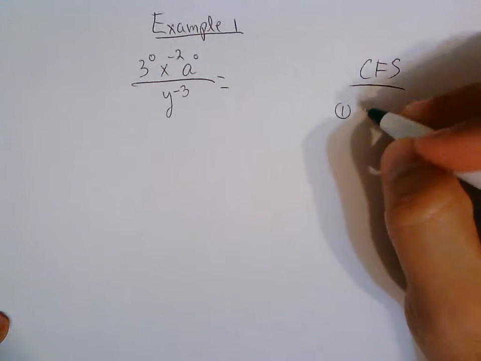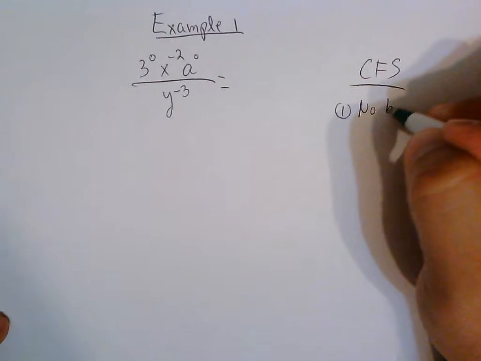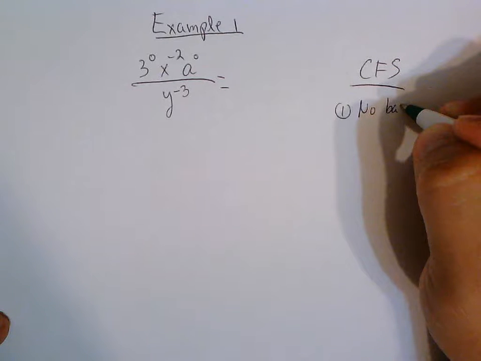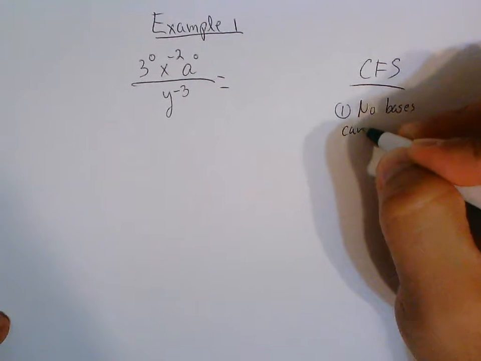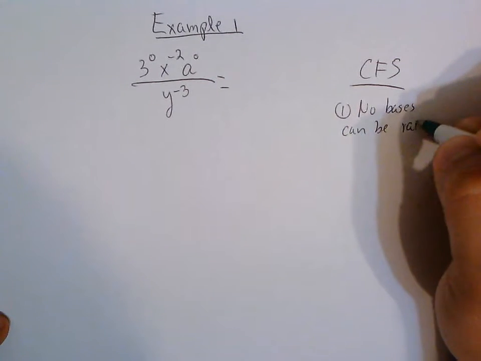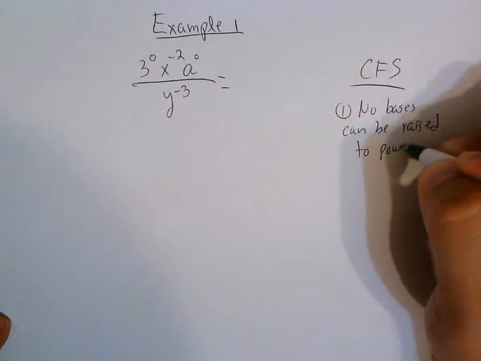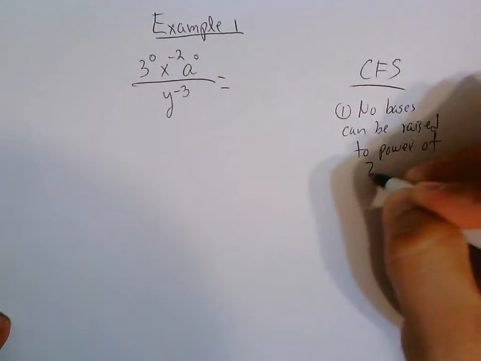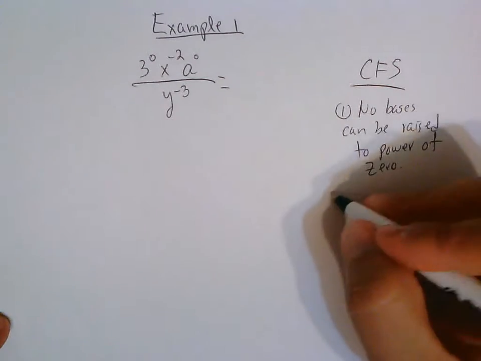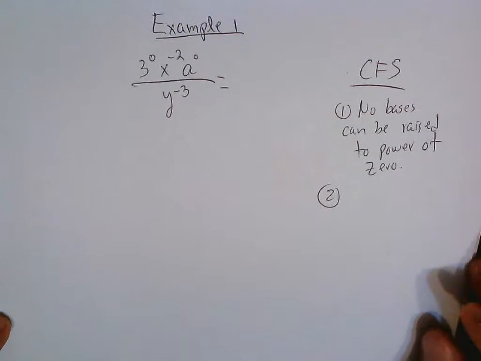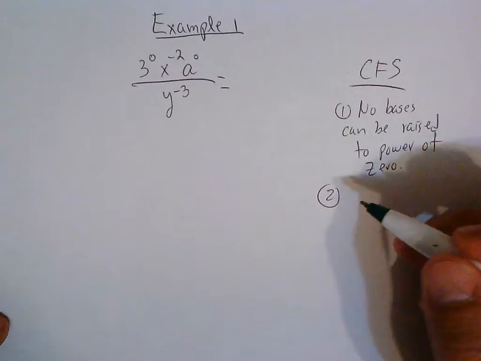So in other words, no bases can be raised to the power of 0. And then the second thing that I need to look out for is negative exponents.